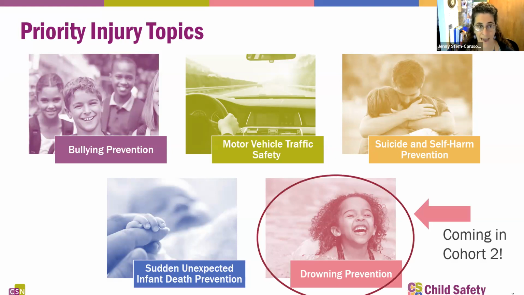And then we will be adding drowning prevention in cohort 2 and cohort 3. So for cohort 1, it's just those first 4 topics. And then cohort 2 will also add in drowning prevention, and we'll continue them with all 5 topics for cohorts 2 and 3.